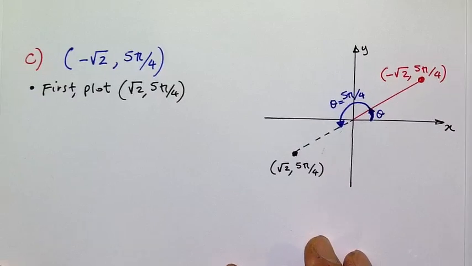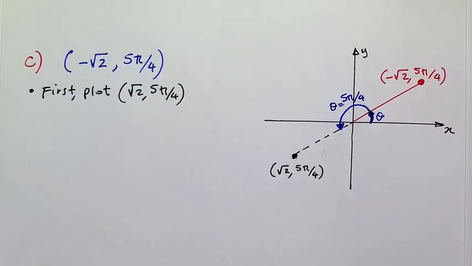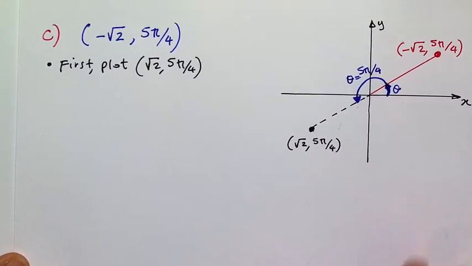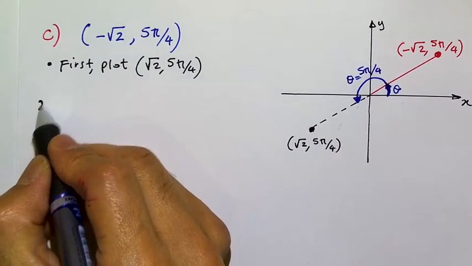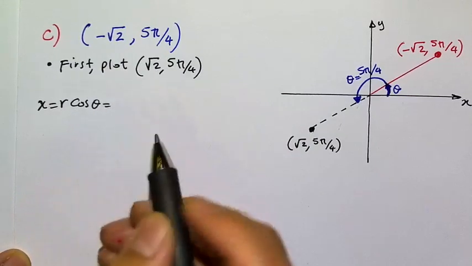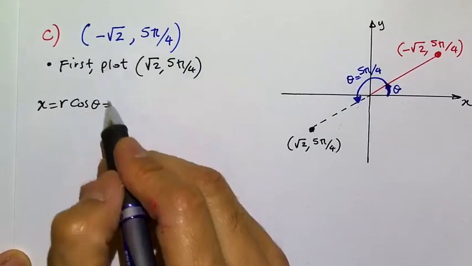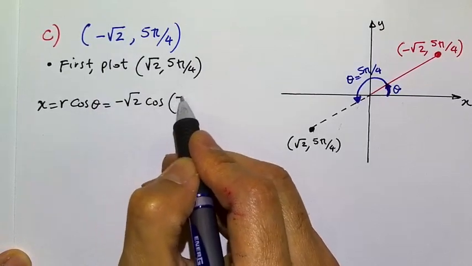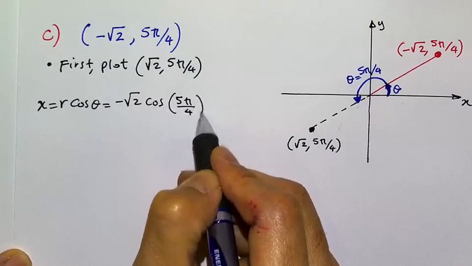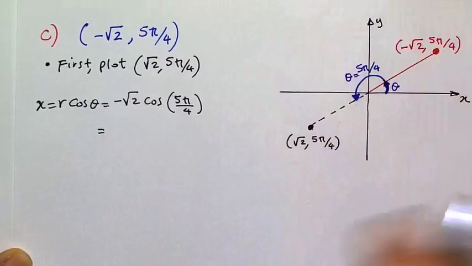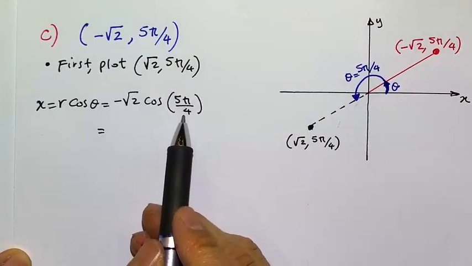Okay, so this is just to get a visual sense. Now we want to find x and y. So x is r cosine theta. So we have minus square root of 2 as r, and then cosine of 5 pi over 4. Now forget about this picture, but 5 pi over 4 is in the third quadrant.